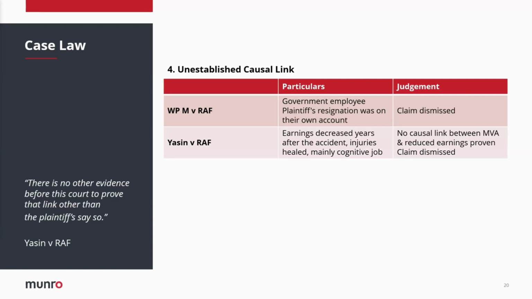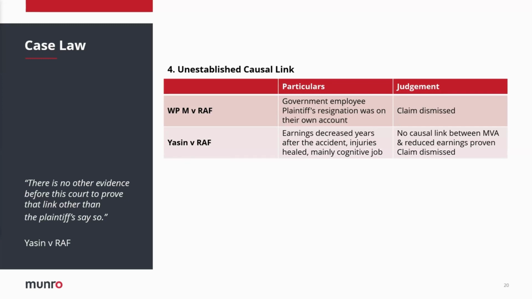In Yasin versus RAF, the person's earnings only decreased years after the accident. The injuries had healed. This person had orthopedic injuries, their job was mostly a white-collar, cognitive job, and the court ruled that there isn't a causal link. There were all sorts of other reasons why the earnings could have decreased. And again, I don't think one could just dismiss out of hand that the decrease in earnings wasn't related to the accident.